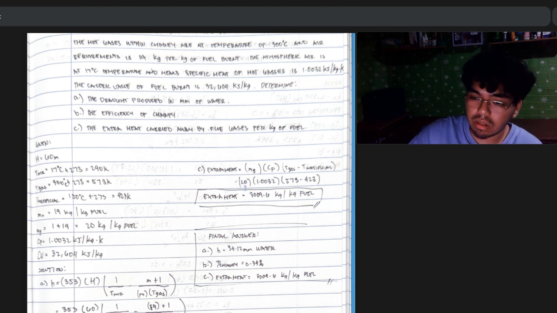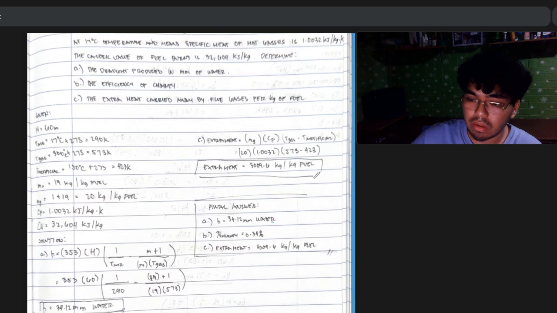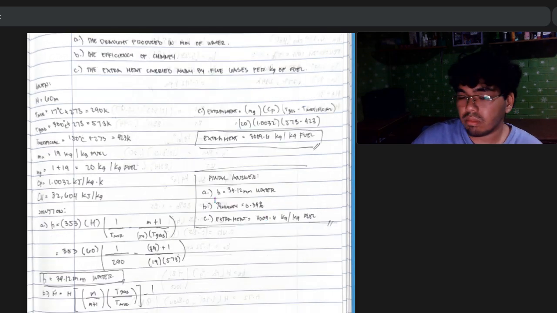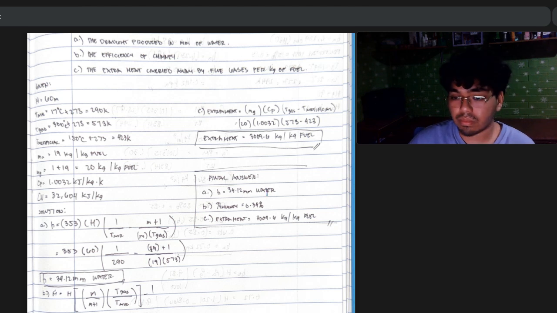Since mg is equivalent to 20, multiply 20 times 1.0032 times 573 minus 423. So the extra heat carried away by the flue gas per kilogram of fuel is equivalent to 3009.6 kilojoules per kilogram of fuel. This is very simple. This is the final answer for letter A, B, and C.